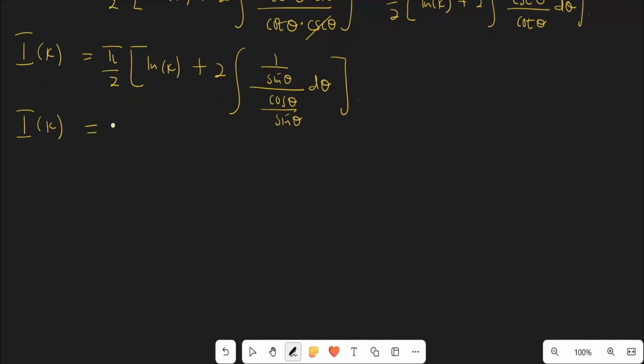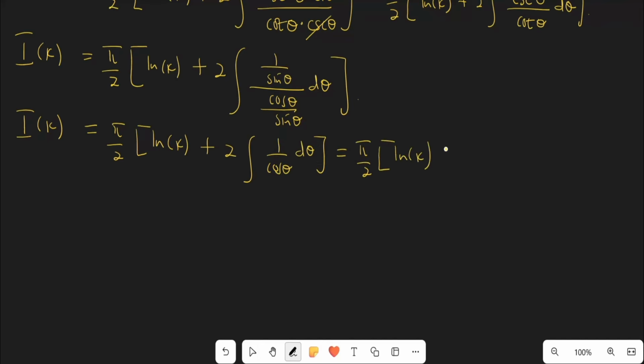So I of k is pi over 2 multiplied by the ln of k plus 2 times, multiplying top and bottom by sine of theta, 1 over the cosine of theta d theta. And this is equal to pi over 2 multiplied by the ln of k, right, plus 2 times the integral of the secant of theta d theta.